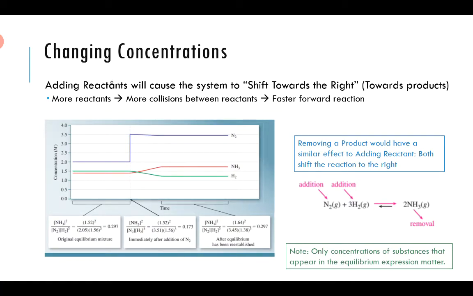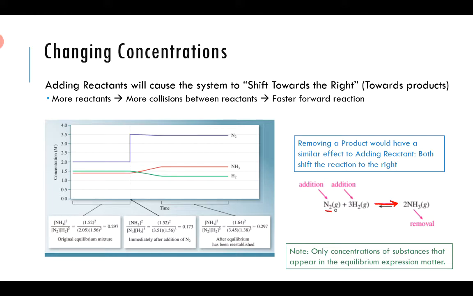So let's look at this in terms of another chemical reaction, something that has actual chemical formulas to it. As we add reactants, it will cause this to shift towards the right, towards the products, because we would be speeding up that forwards reaction.